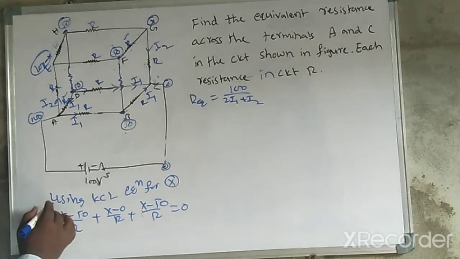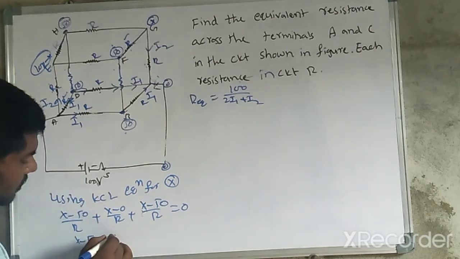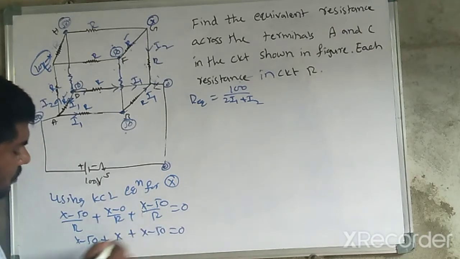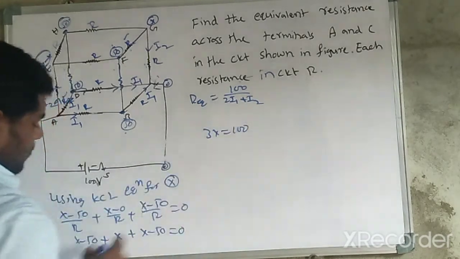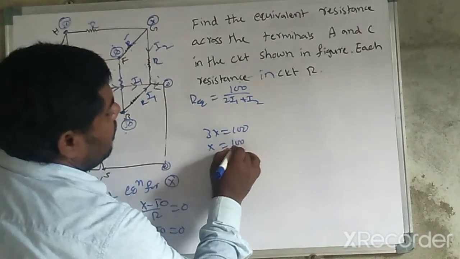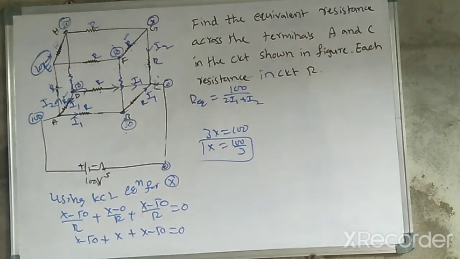So (x − 50) + x + (x − 50) = 0, so 3x = 100, and x = 100/3. So the potential x is equal to 100/3.